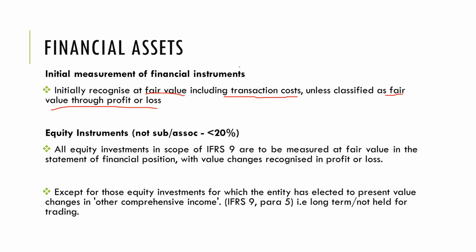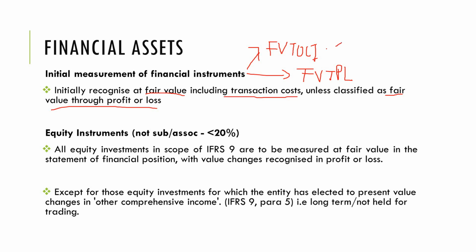Basically, when we want to value our financial assets, there are two methods. One method is called fair value through OCI, or fair value through profit and loss. So basically, there are two ways of measuring the financial instruments.